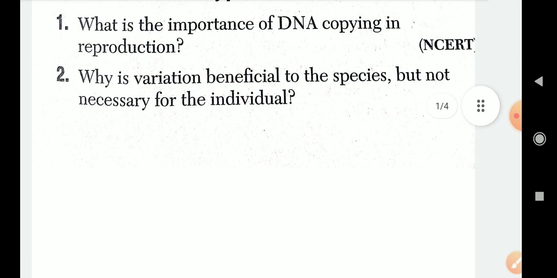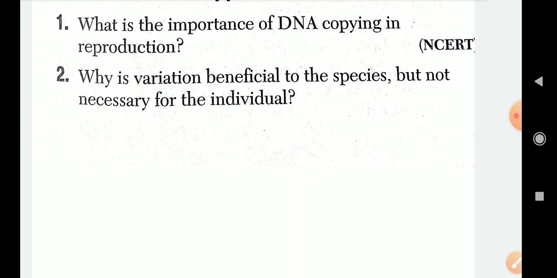The next question is, why is variation beneficial to the species but not necessary for the individual? As you know, variation is caused due to DNA copying and intermixing of the DNA of the parents. Variation sometimes may be useful, sometimes may be harmful.